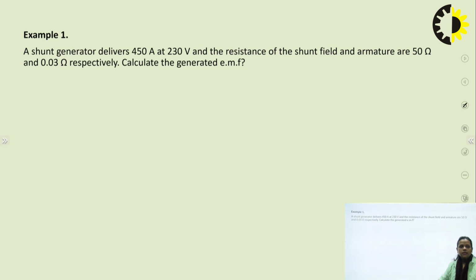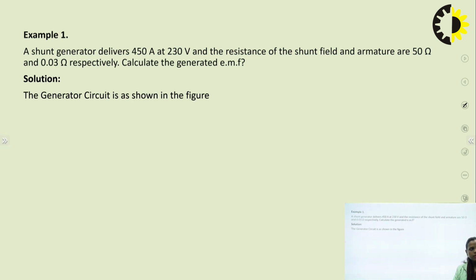Now, coming to the example: we have a shunt generator which delivers 450 ampere at 230 volt, and the resistances of the shunt field and armature are 50 ohm and 0.03 ohm respectively. Here you have to calculate the generated EMF. First we will draw the generator circuit.